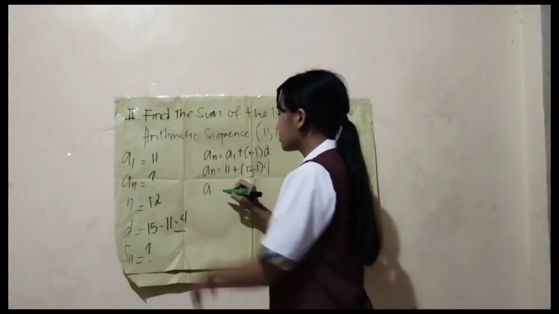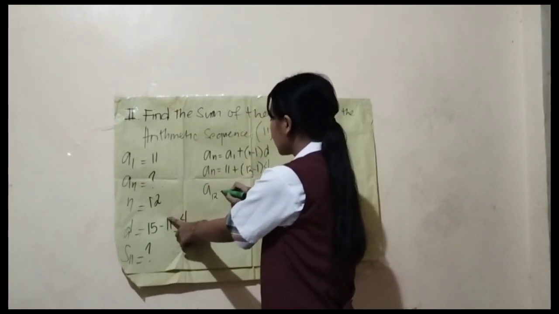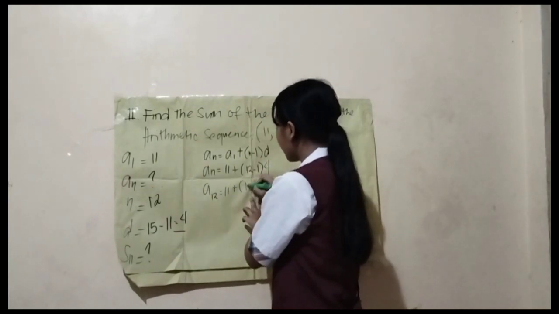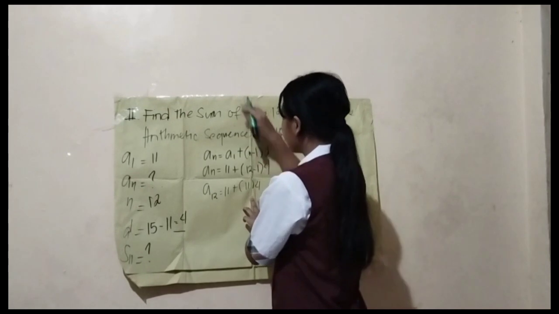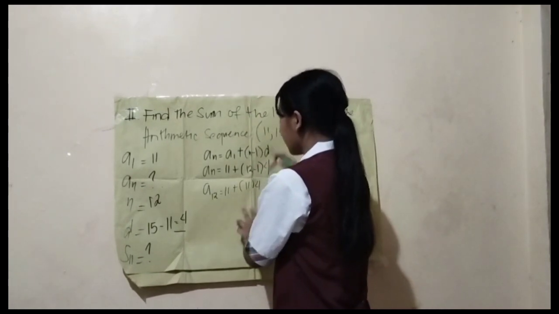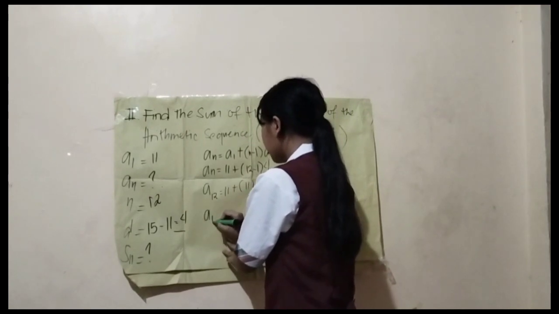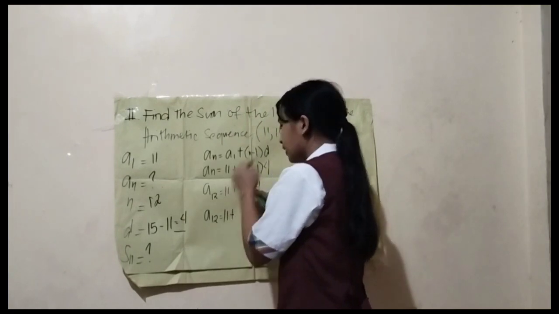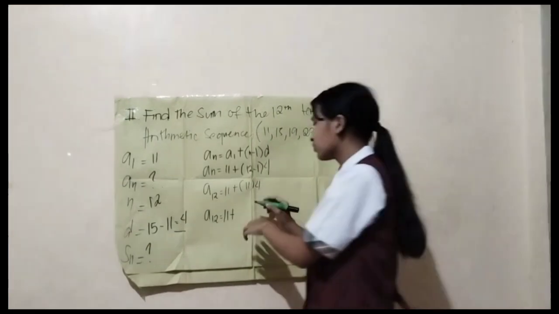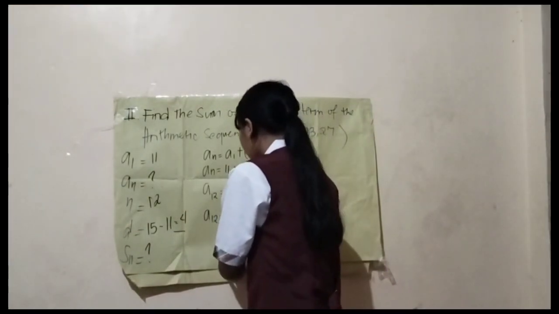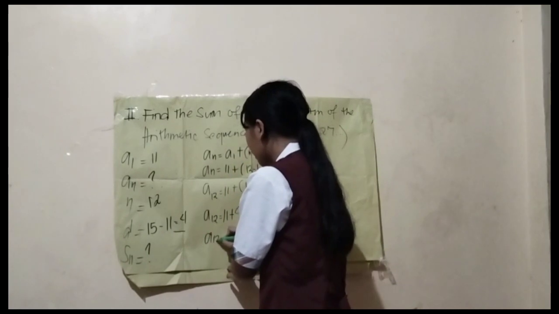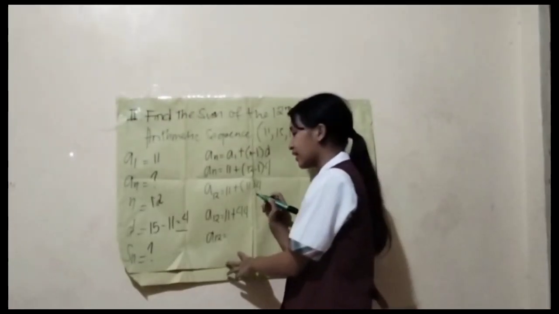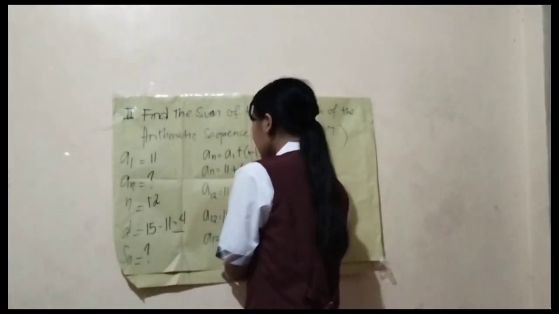Now it would be a sub 12 equals 11 plus the quantity of 12 minus 1, which is 11, times 4. 11 times 4 is 44. For us to get the value of a sub 12, we need to add 11 plus 44, which is 55. So the value of our a sub n is 55.